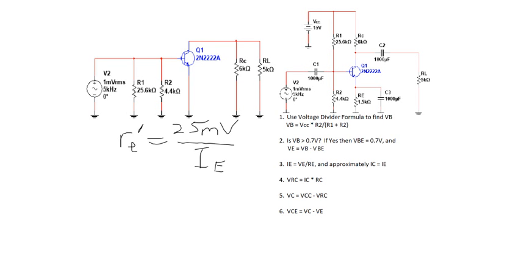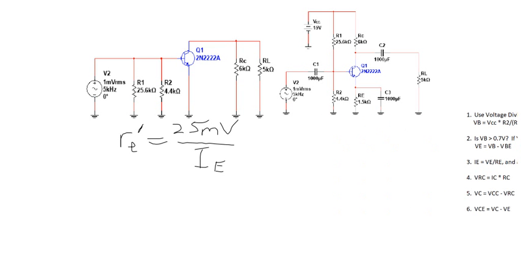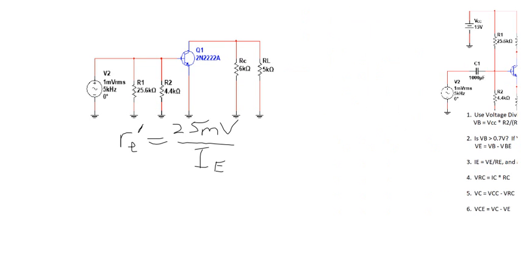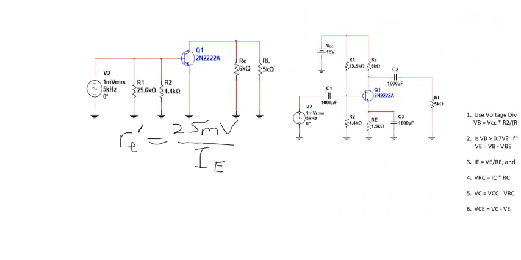So if we did that DC emitter current, we can divide that into the 25 millivolts, and that gives us what we call a little RE prime.